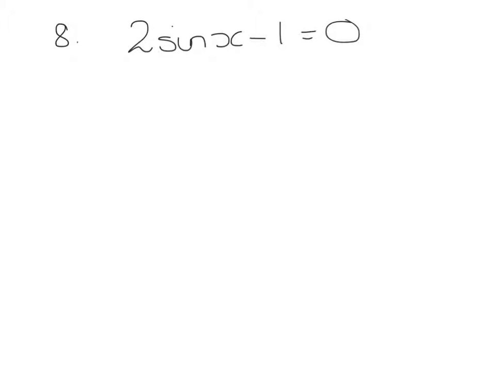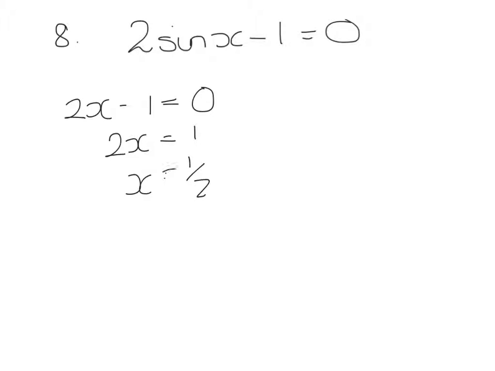Question 8 is solving, so treat it like you would any equation. If it was 2x minus 1 equals 0, think what you would do. We want to rearrange it to get x on its own, so we bring the 1 over to get 2x equals 1, so x would equal a half. That's exactly the same, the only difference is you're going to end up with sine x. Is it positive or negative?